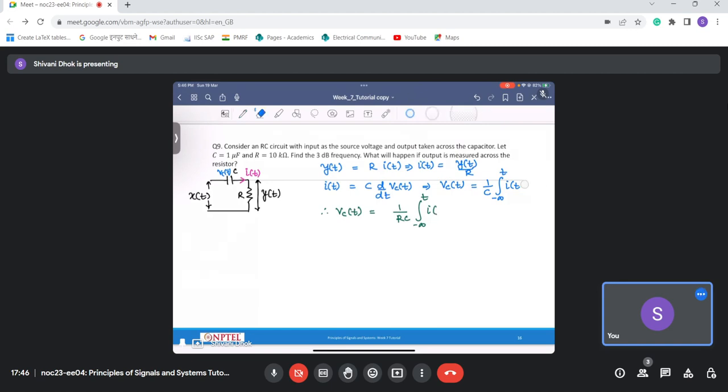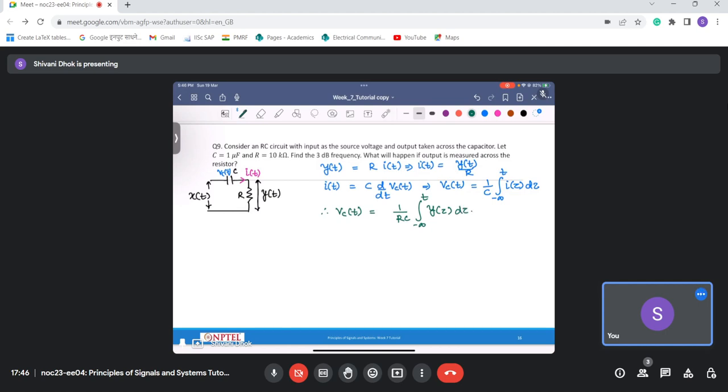Let's be precise in writing this. So by substituting i as y(t) by R, what we have is y(tau) d tau.